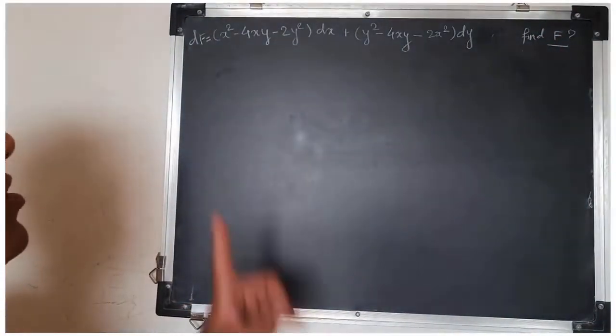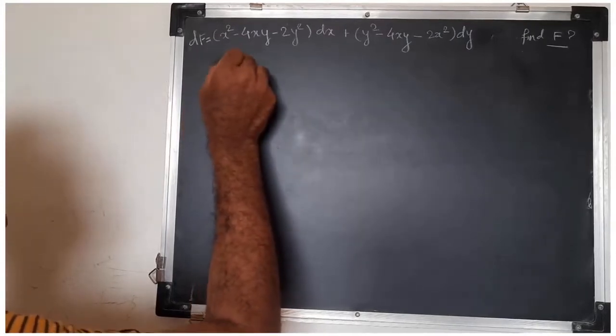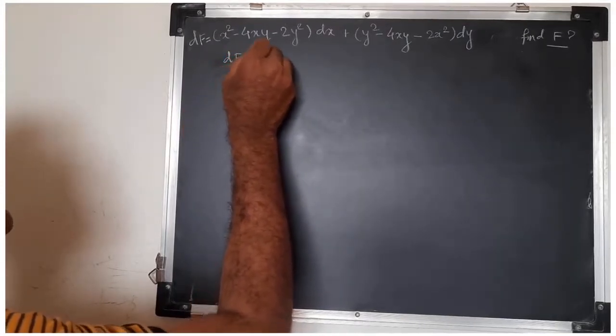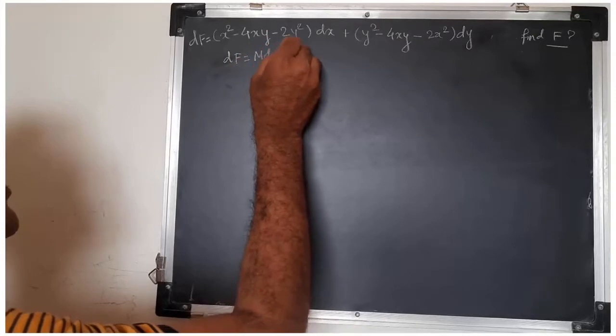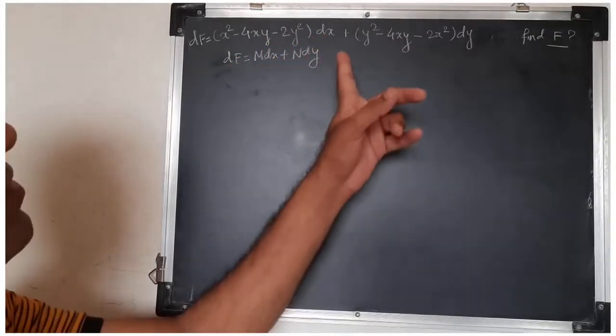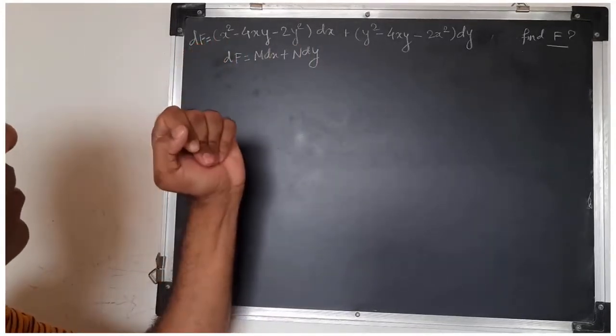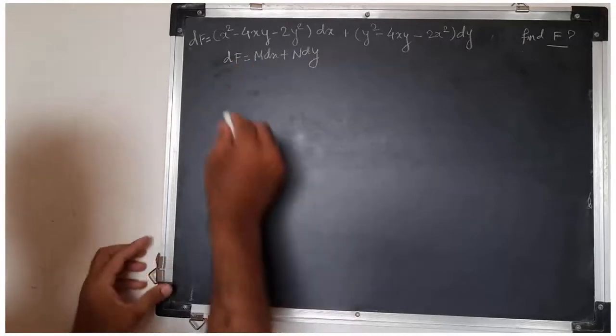So we know this is df, which is nothing but M dx plus N dy. First compare with this one. When the given function is an exact differential equation, df equals 0.